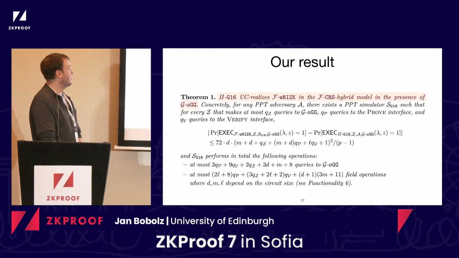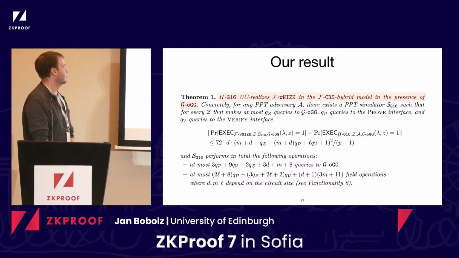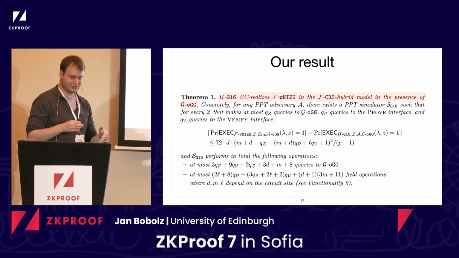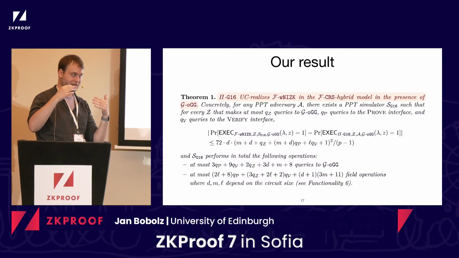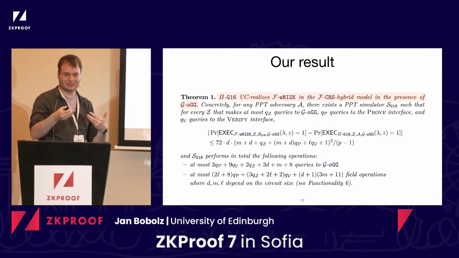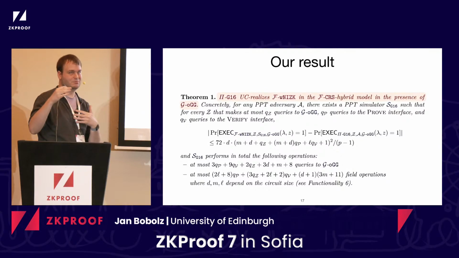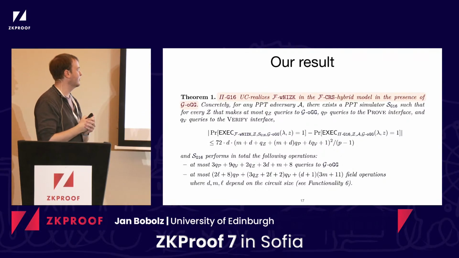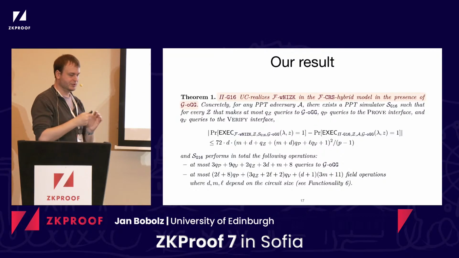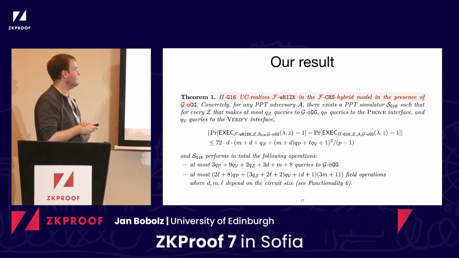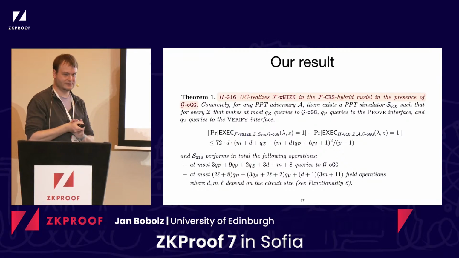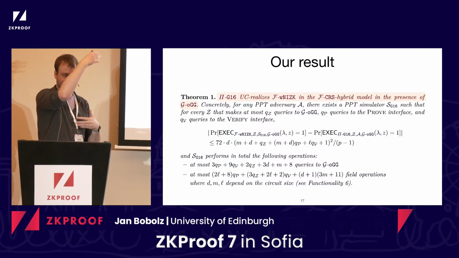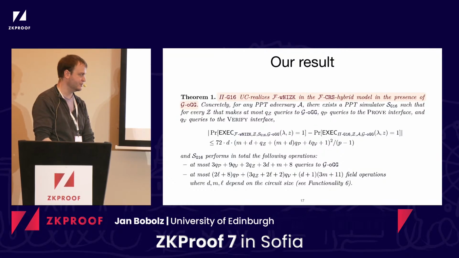Okay, so overall our result is that pi Groth16, which is basically just Groth16 in a way that it uses a random generator for the group, which I think might be normal depending on how you think about it, and then uses the generic group for operations, realizes the weak NISIC functionality in the FCRS hybrid model in the presence of GOGG, which is this generic group functionality that I just showed.